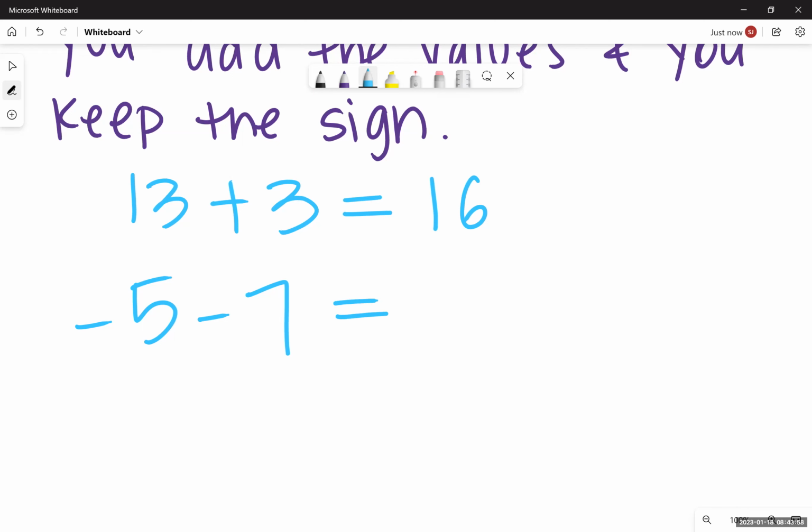If I'm working within an equation and I've gotten to a point where I need to combine the like terms, and I see these two numbers that do not have variables, what I notice is I have a -5 and I have a -7. The other thing I notice is signs are the same, right? The rule for signs are the same is add and then keep the sign.